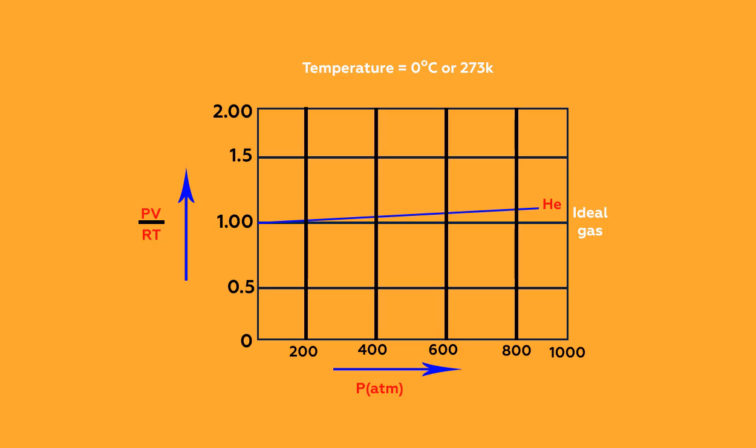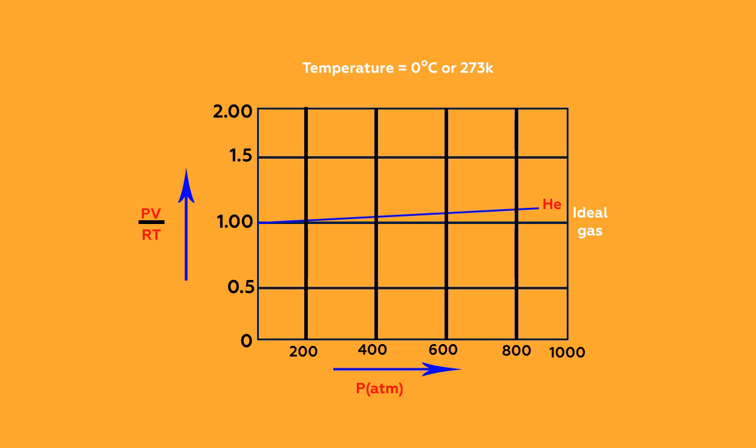If we plot a graph with pressure on the x-axis and compressibility factor on the y-axis, then we see the graph that is shown, at a temperature of 0 degree centigrade or 273 Kelvin. So we see the behavior of the gases.